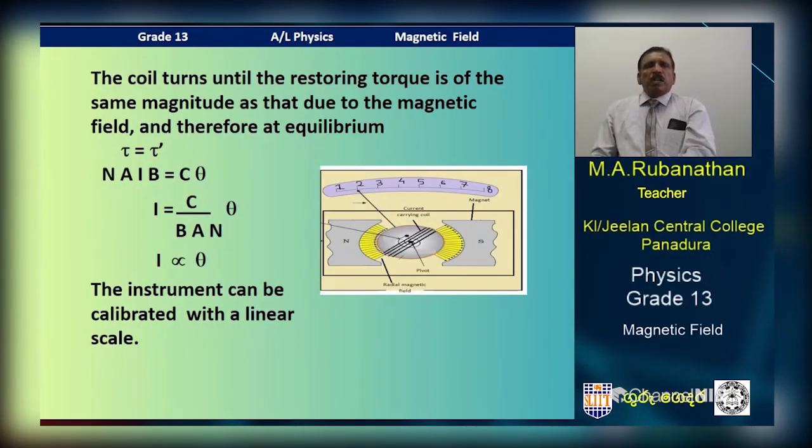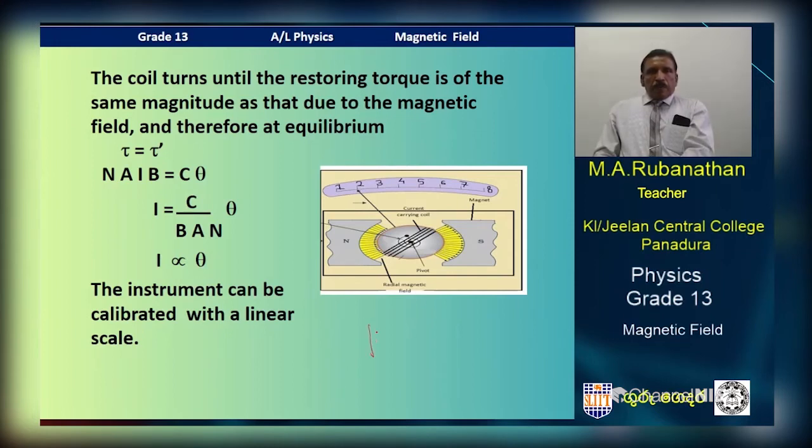So the coil turns until the restoring torque is of the same magnitude as that due to the magnetic field, and therefore at equilibrium tau is equal to tau dash. Better to know this.